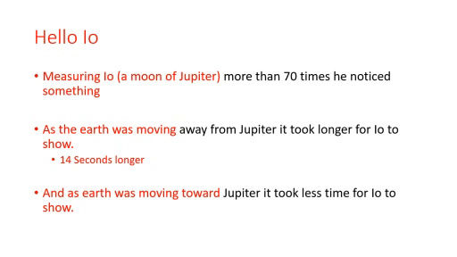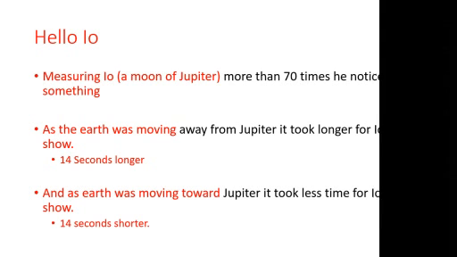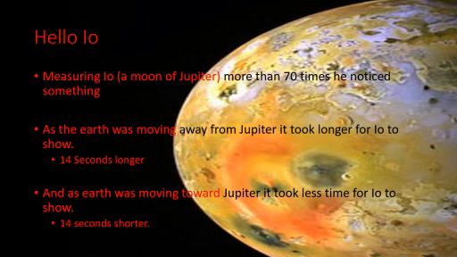So what he did was he went, okay, when is Io appearing? Because if light was instantaneous, then the second that light hit the moon, we should instantly see it. But as he measured it, he noticed that there was a 14-second window in both directions. When we were moving away from Jupiter, it took 14 extra seconds.